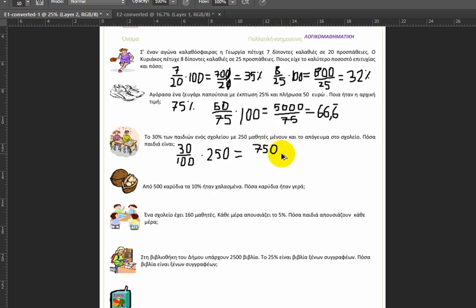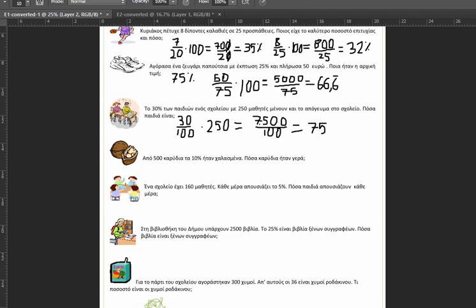So that's 7,500 over 100. If I did 7,500 divided by 100, that would give me 75. So 75 students stay at the school after the lessons end.